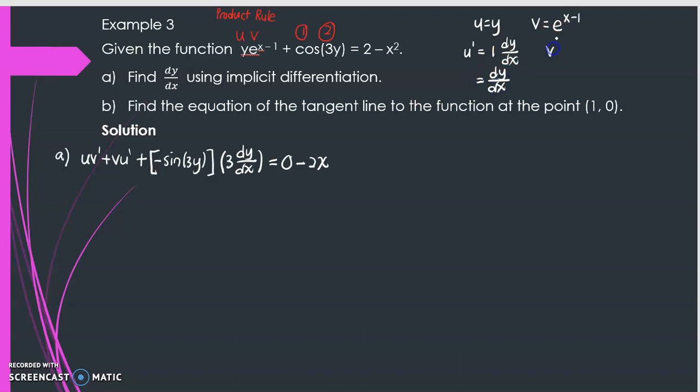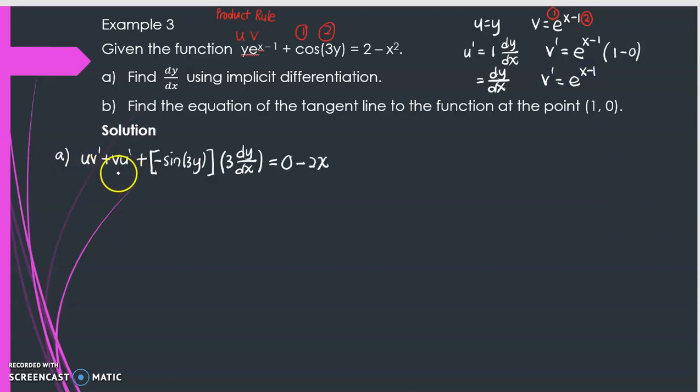Then v prime: first we differentiate the exponential, which gives e to the power of x minus 1. Then I differentiate x minus 1: differentiate x, I get 1, differentiate negative 1, we get 0. So we get back exactly the same, e to the power of x minus 1.